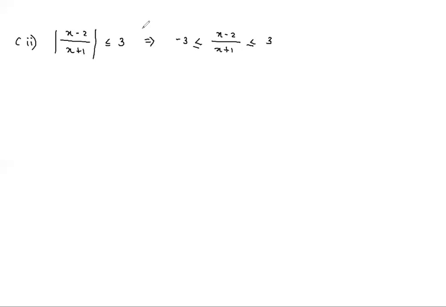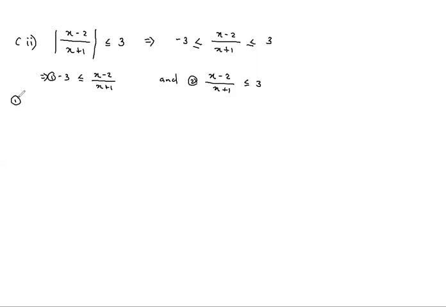Then you now get pieces there. So I have negative 3 less or equal to x minus 2 over x plus 1, and I have x minus 2 over x plus 1 less or equal to 3. So this is the first piece. This is the second piece.